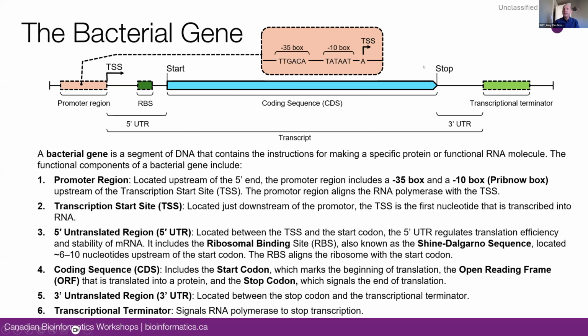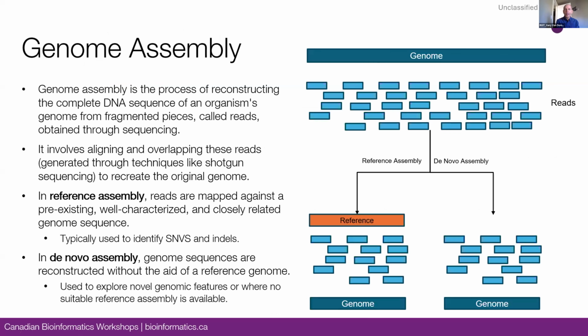There are some possible post-translational modifications, but that's essentially the process of generating a protein from a bacterial gene, and those are all the components that are required to do so. Okay, so that covers our little whirlwind tour of the bacterial genome.